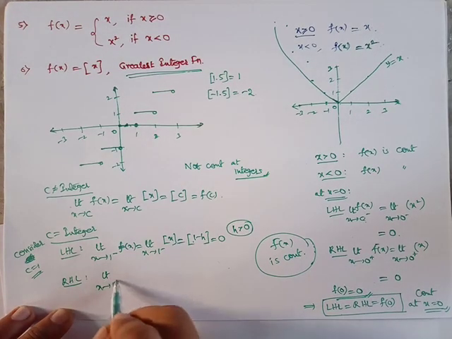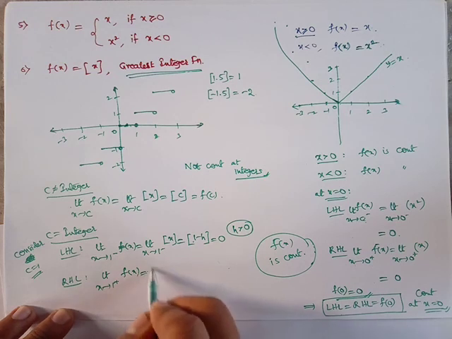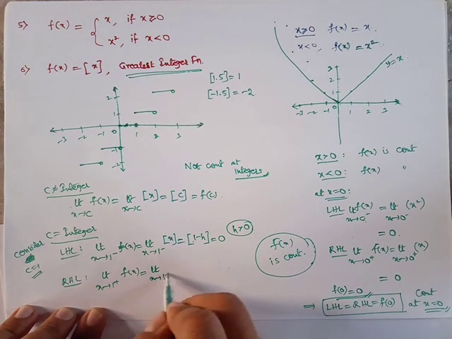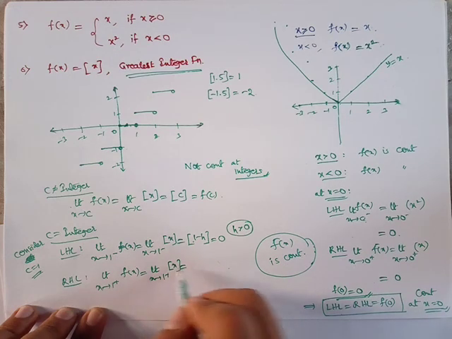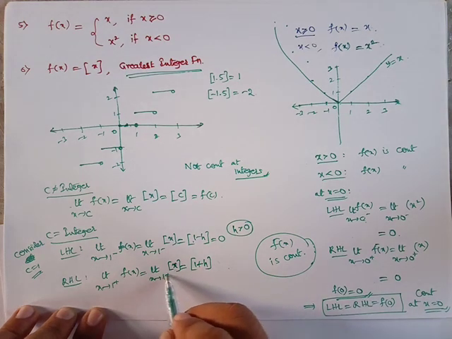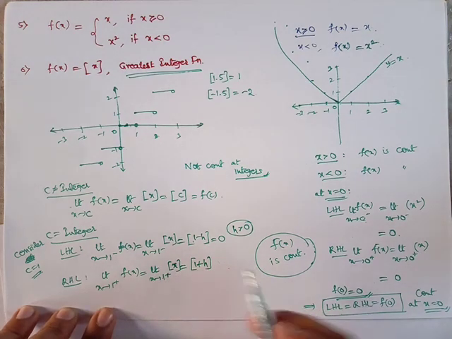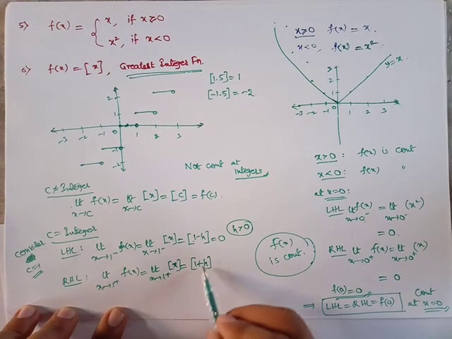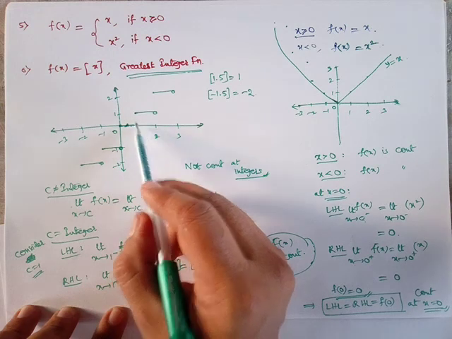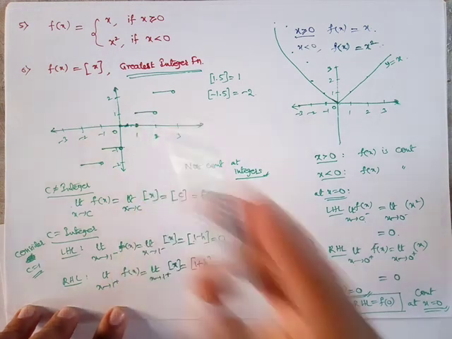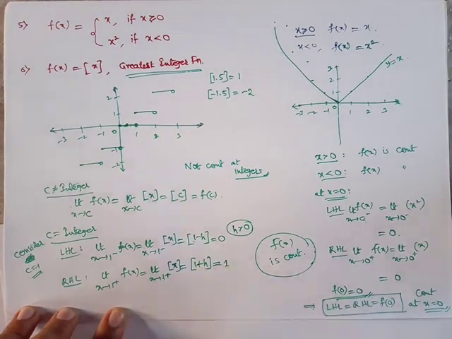And RHL value: limit x tends to 1 plus of f of x is nothing but step x, so it can be considered as step of 1 plus h. Now 1 plus h, as h is greater than 0, what is this value? When 1 plus values you are considering, these values will be taken as 1, so this value is 1.